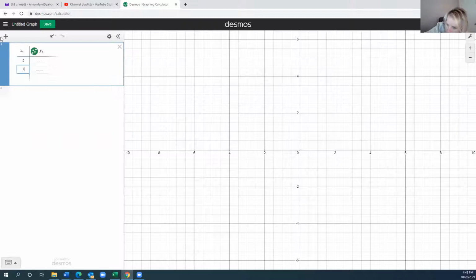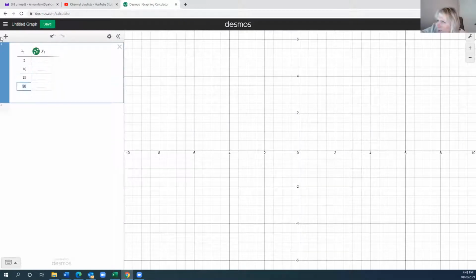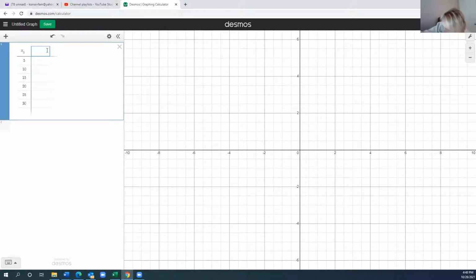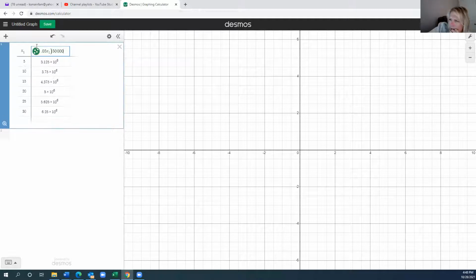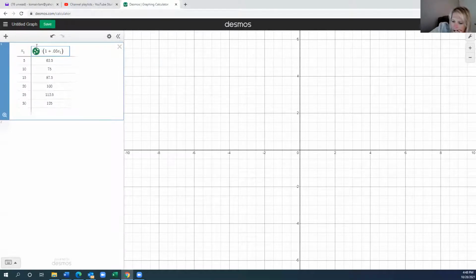And we're going to put in 5, 10, and it knows 15, 20, 25, and 30. And so in the Y1, I'm going to delete Y1 and type 50,000 parentheses 1 plus 0.05 X1, oops. What did I do up here? That should be a 50,000.